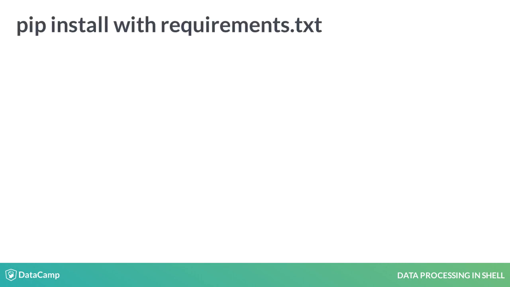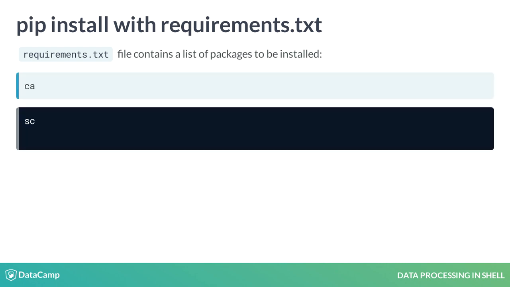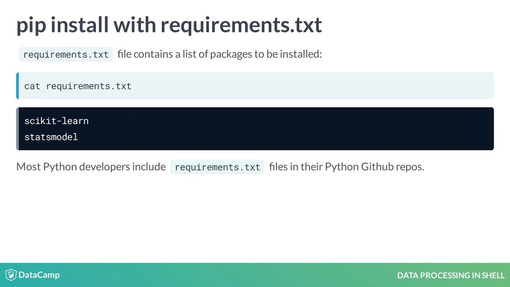If you want to install many packages at once, you can save them one package per line in a text file called requirements.txt. If we preview the file, it looks like this. It's conventional for Python package developers to create a requirements file listing all dependencies for pip to find and install.